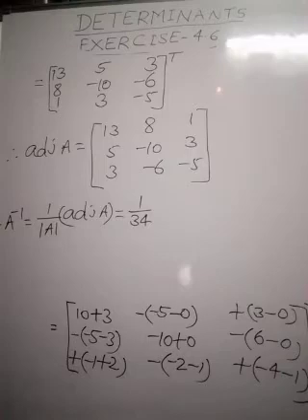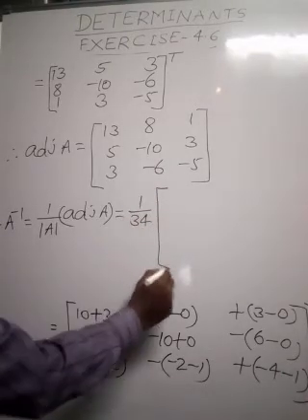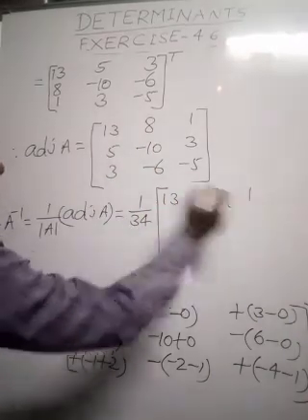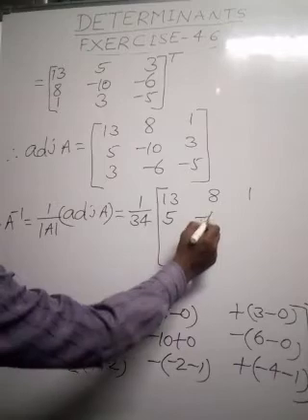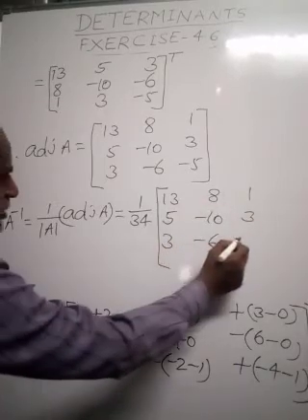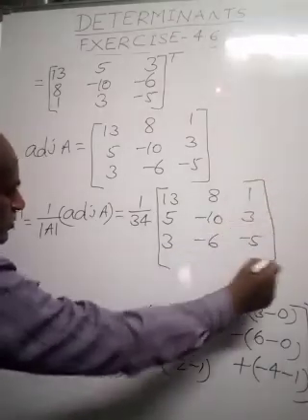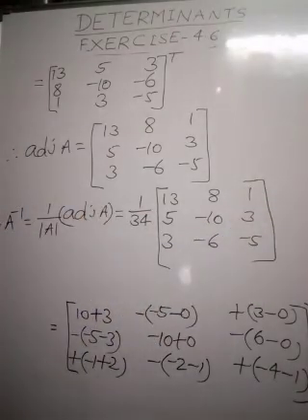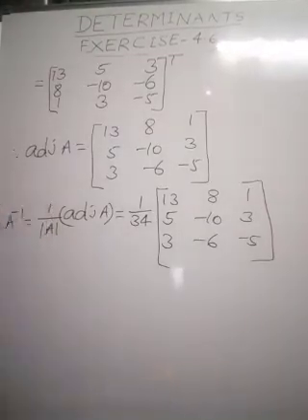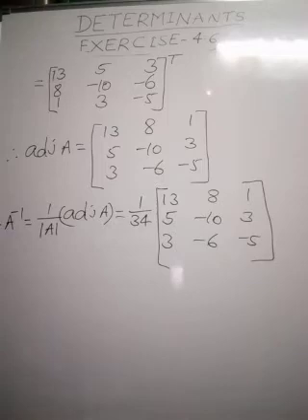So 1 by 34, we have already found it, into adjoint A: 13, 8, 1, 5, minus 10, 3, 3, minus 6, minus 5. This is A inverse. Understood, my dear children? Right. Now we found A inverse also.